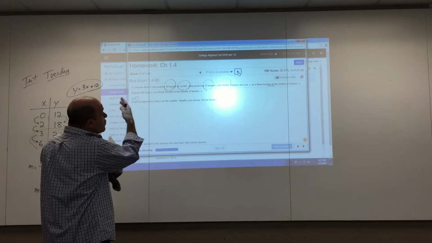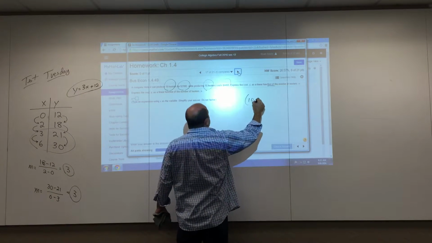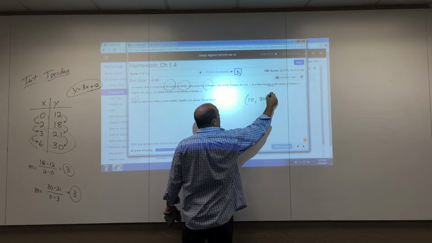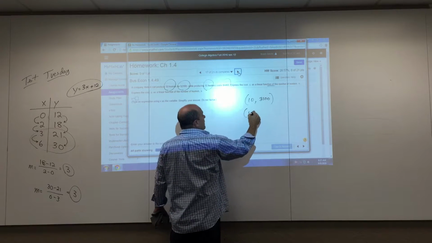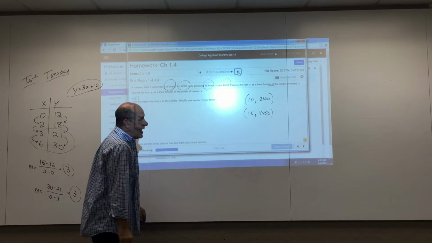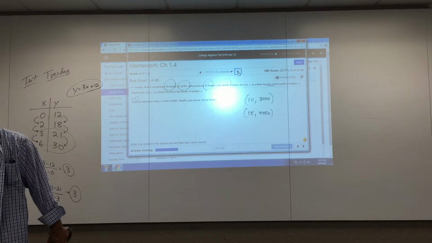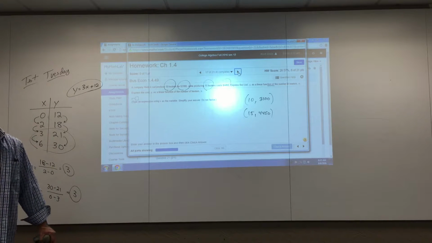This one gave me 2 points. When x is 10, the cost is $3,100. When x is 15, the cost is $4,450. When I write it like this, it's clearer. So what do you do when you have 2 points? You find the slope.